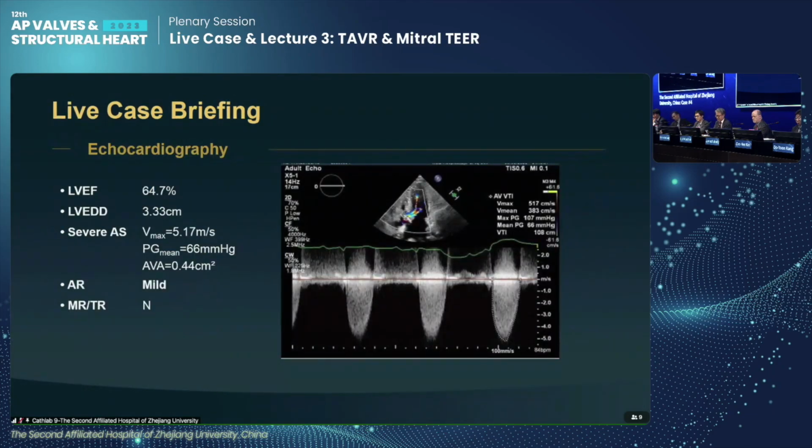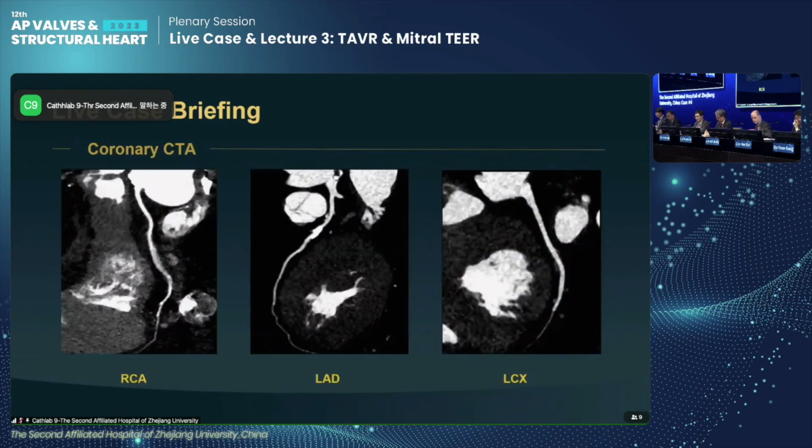From the echo, the patient has very severe aortic stenosis with the maximal velocity over 5 meters per second, the mean gradient is 66 mmHg, and the AVA is about 4.44 centimeter square. There is some calcification in the middle LAD. However, the lumen is okay, so we don't need coronary intervention.